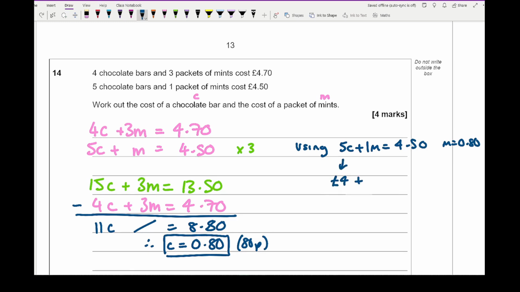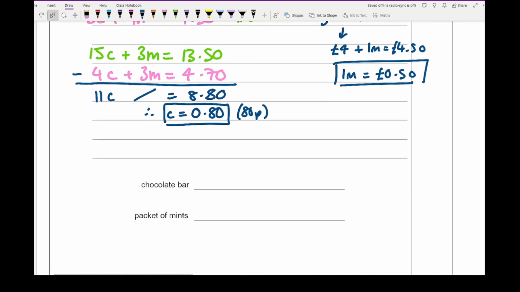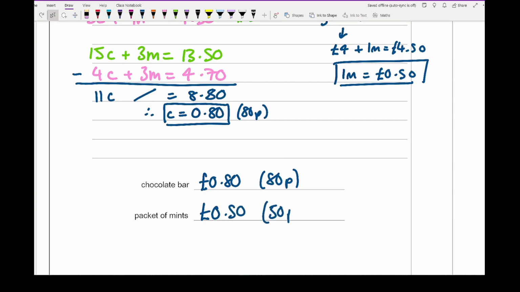So £4 plus 1M equals £4.50, in which 1M must equal 50 pence. And there is my second value. So going to the answers, we get a chocolate bar, which you can write in pounds or in pence, and a packet of mints, which is 0.50 in pounds or 50 pence.